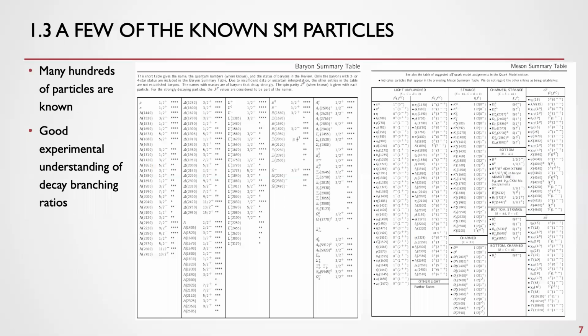Good. There are, of course, many known standard model particles that can occur inside a jet or can be produced in a proton-proton scattering. I put here a list of the baryon and meson summary tables. These are just deltas, lambdas, sigmas with different JPC, so angular momentum, parity, and charge.